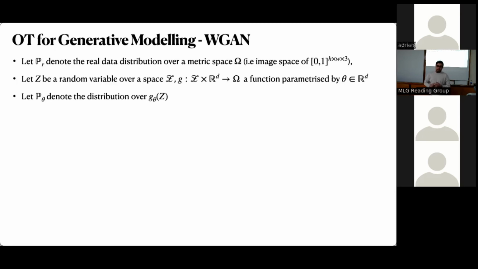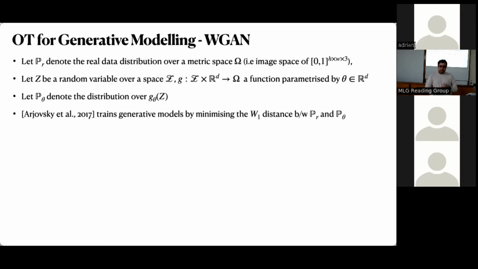And then P_theta is the distribution over the push forward of your latent space through the generator of your generative modeling application, which is parameterized by theta. And now you can say, and this is what the Wasserstein GAN paper does, that you can train this generator G_theta by minimizing the Wasserstein 1 distance between P_R and P_theta.